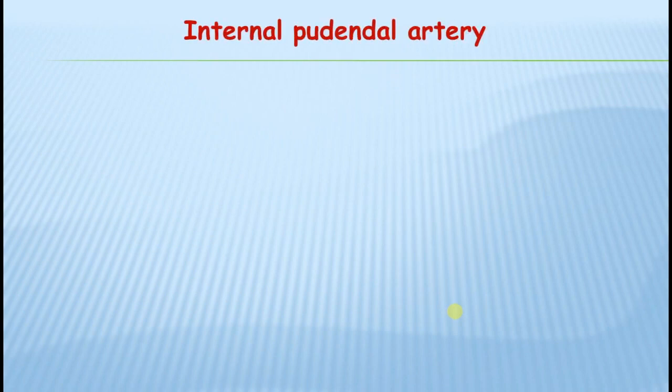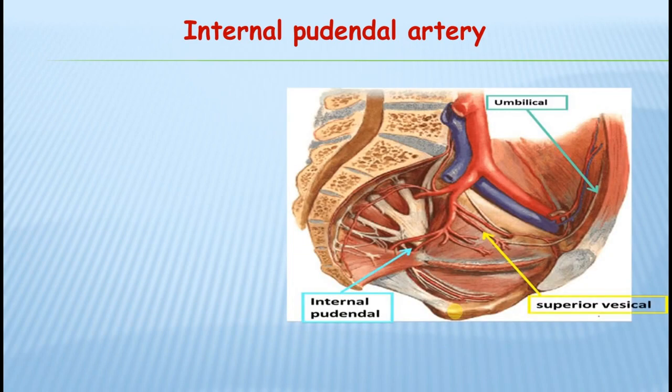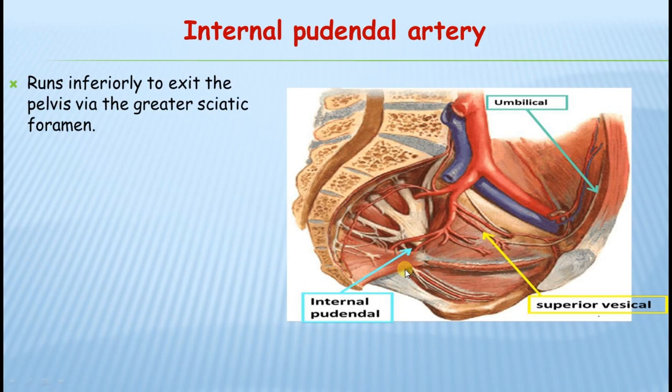The next artery is the internal pudendal artery, one of the terminal branches of the anterior division of the internal iliac artery. It leaves the pelvis through the greater sciatic foramen. Then it is related to the dorsal surface of the ischial spine, and afterwards to the pudendal nerve and nerve to obturator internus.